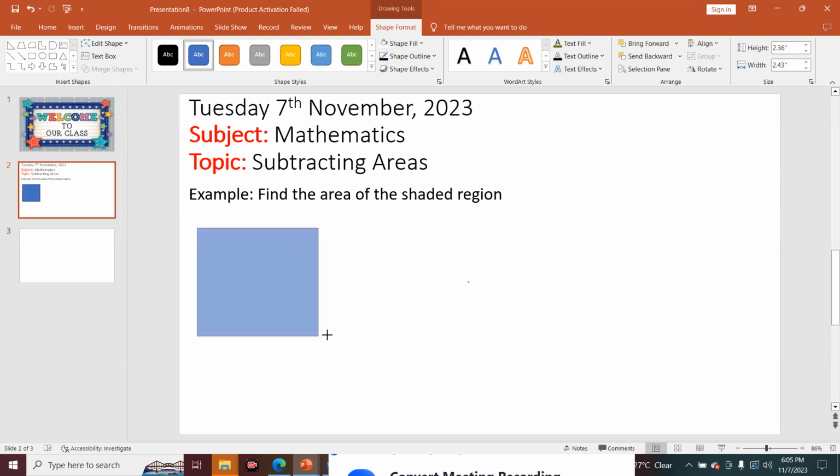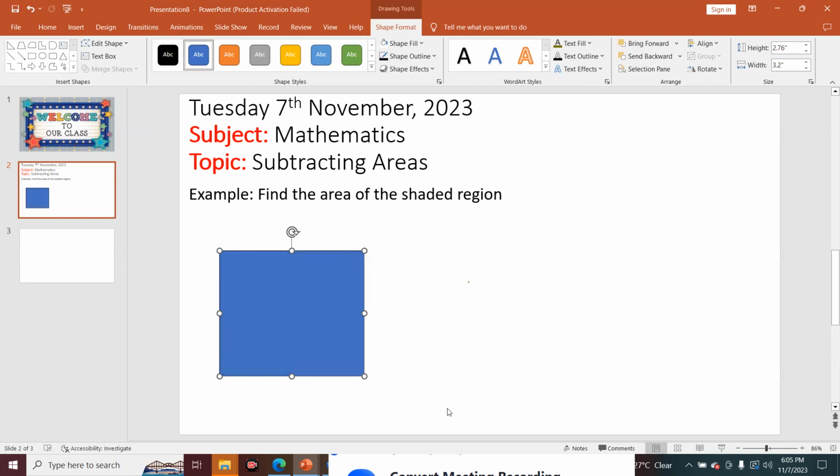We probably only could do 2 examples on this screen. Let's say we have a rectangle, right? And let's say that inside of this rectangle, we have a right angle triangle inside of there.